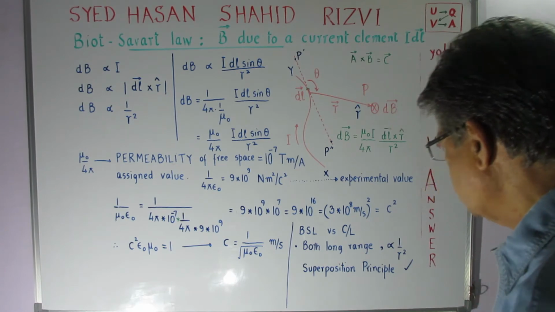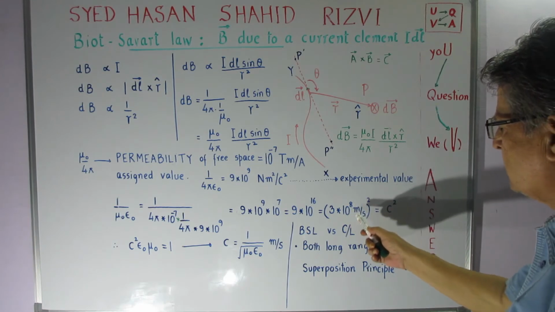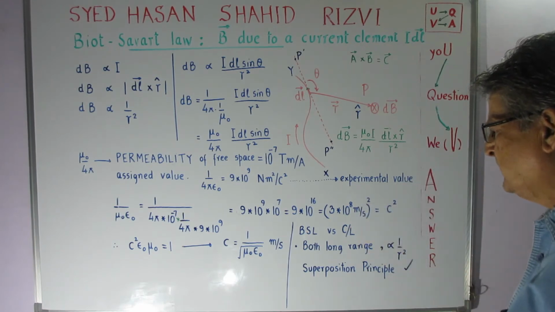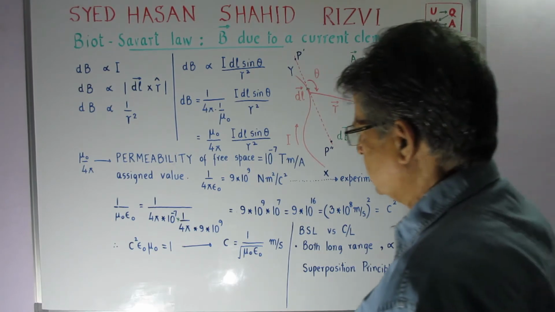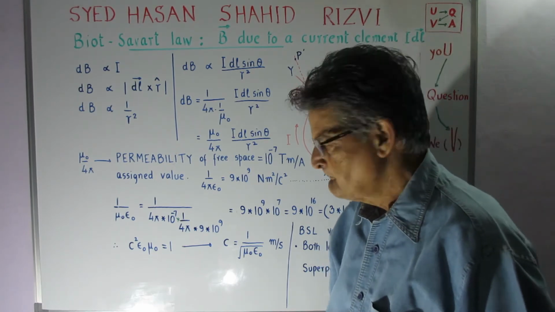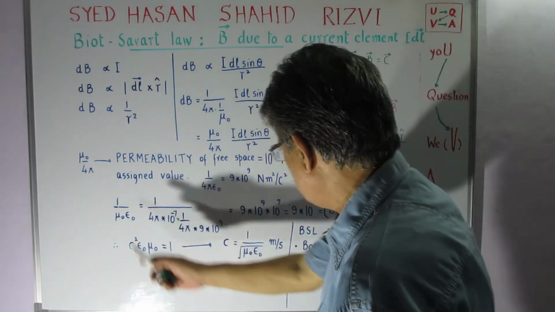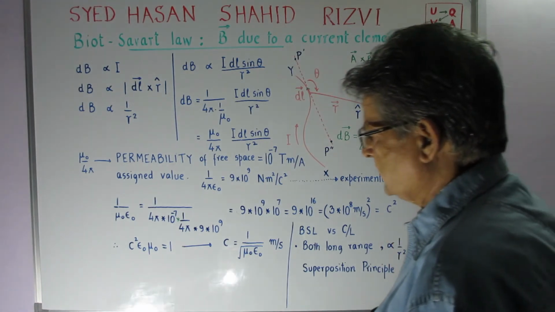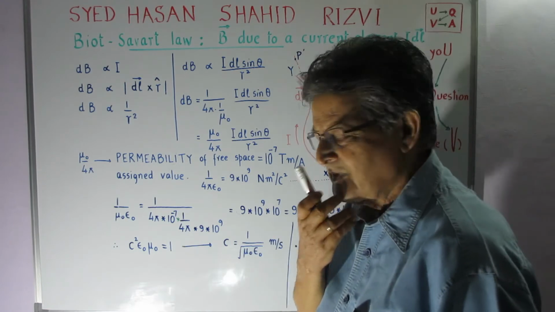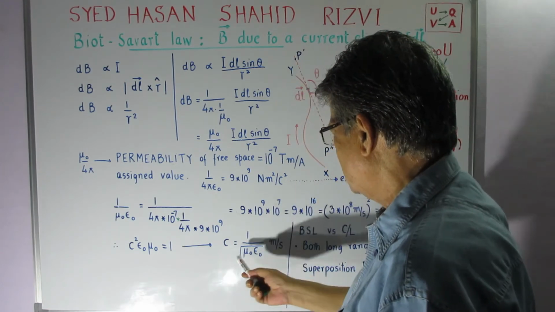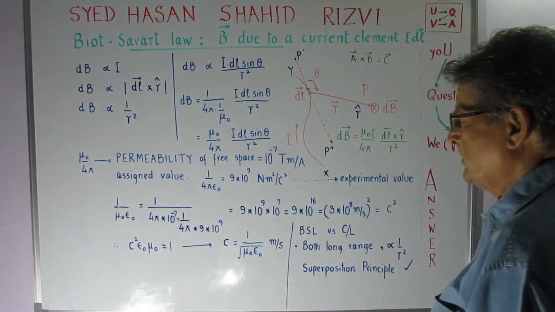So this is equal to c square, where c is 3 into 10 to the power of 8 meter per second, the speed of light in vacuum, in something called nothing, in free space. So look here, 1 upon mu naught epsilon naught equals c square. So c square into epsilon naught mu naught is equal to 1, or c equals 1 upon the square root of mu naught epsilon naught meter per second.